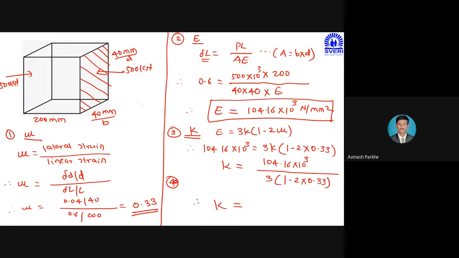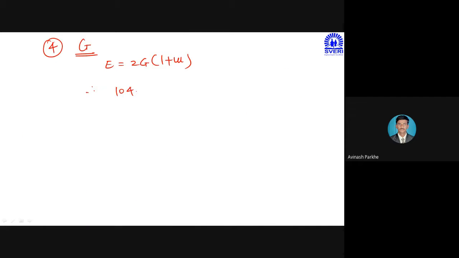And the next parameter I have to calculate is the modulus of rigidity G. So I have the equation E is equal to 2G in bracket 1 plus mu. E I have calculated as 104.16 into 10 raised to 3, equal to 2G in bracket 1 plus 0.33.